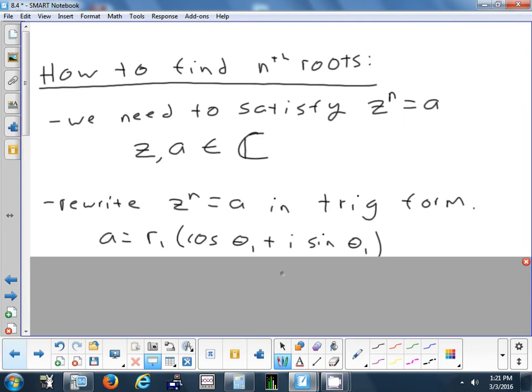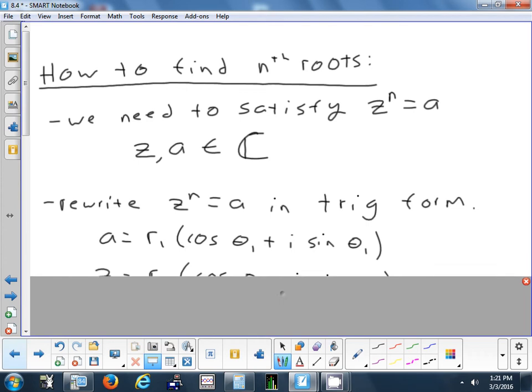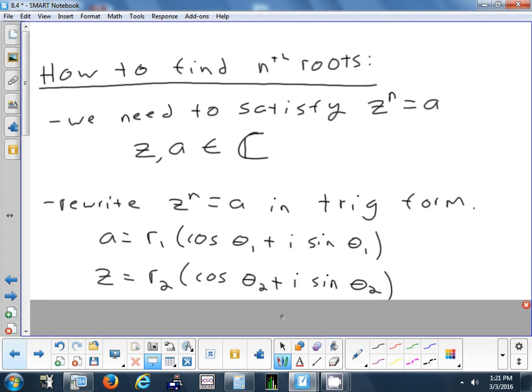You need to find the radius and the angle for that value, just like in last night's homework. So you'll have numbers for R1 and theta 1. For z, you're not going to have any numbers. That's what you're going to solve for. You have to solve for the radius, and you have to solve for the angle.